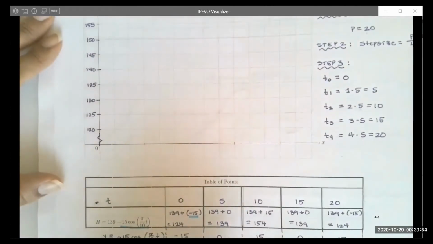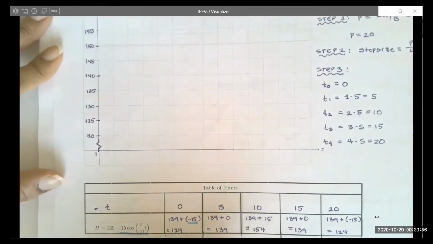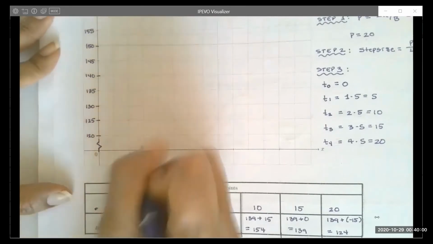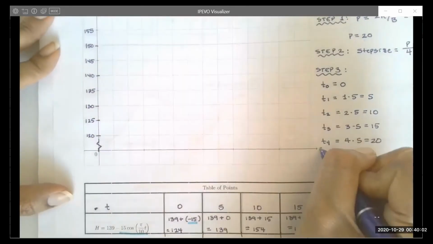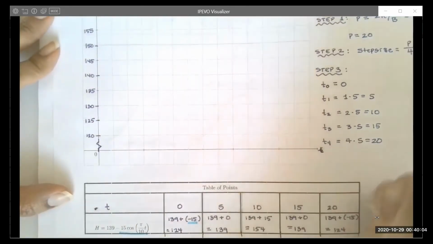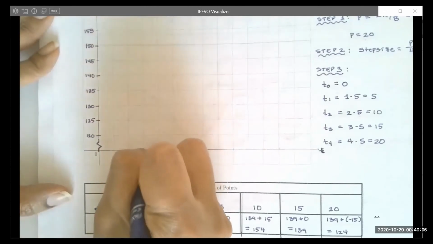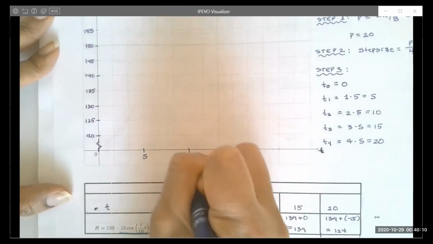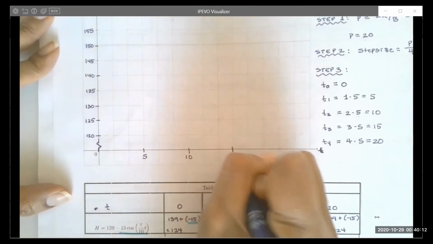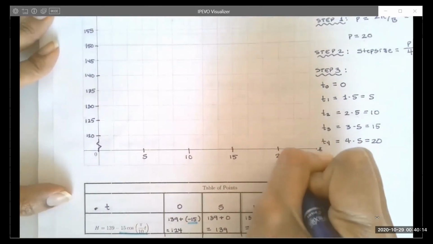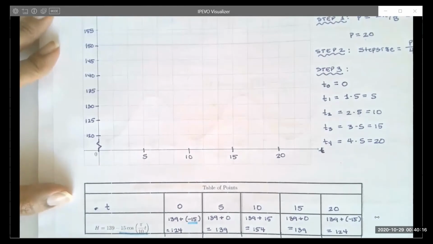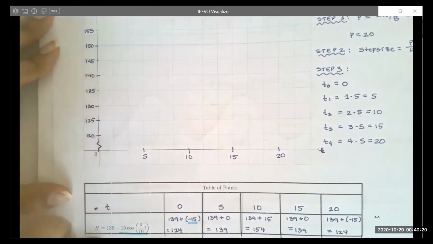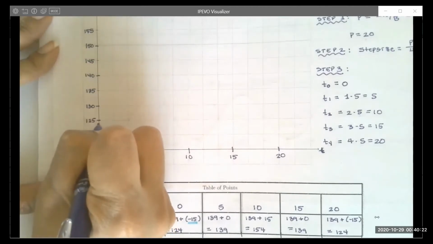Okay, and so we said the first point is 0, 124. Oh, and let me actually label the t values as well. We can change this from x to t. We'll make this 5, 10, 15, and 20. Okay, so 0, 124, that's going to be approximately here.